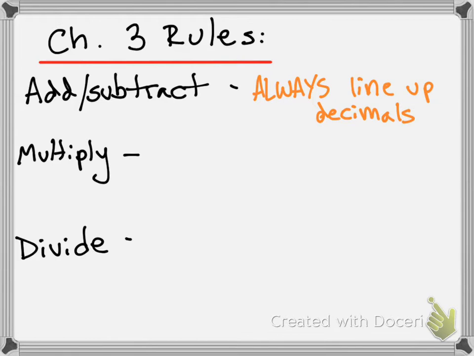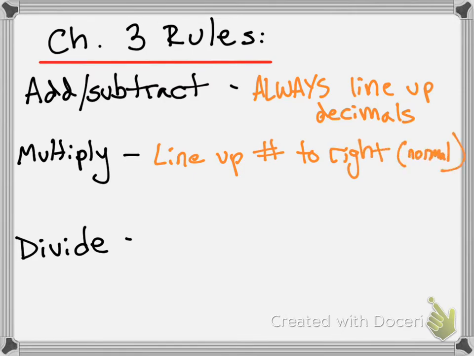Great. Amelia, what is the rule when multiplying? Always line up the numbers to the right. Perfect. So we line up the numbers to the right, just like normal, because that's how we do it. Lucas, what's the next thing we do? When multiplying, however many times you move the decimal to the right, you also have to move it the same amount of times to the left once you've finished your problem.